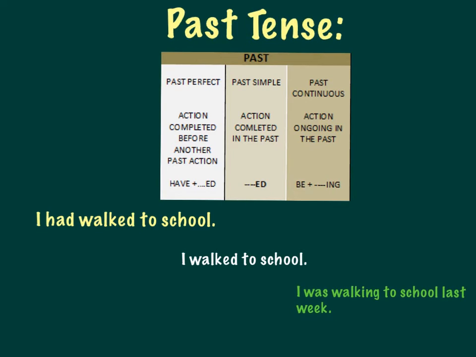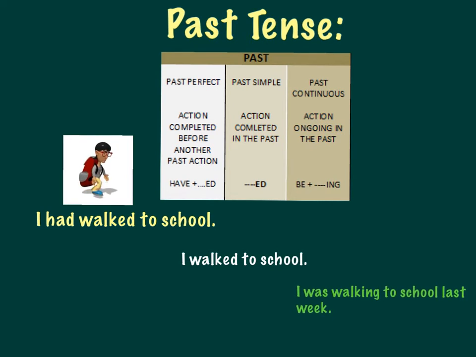Let's look at some examples for past tense. Our sentence for past perfect, which shows that the action was completed before another action which also took place in the past, we have I had walked to school. We're able to see that we've conjugated the verb have using the past tense had from our table previously.